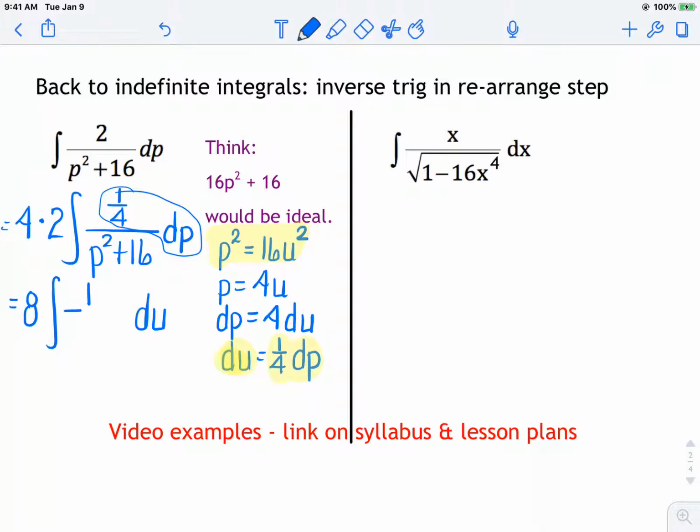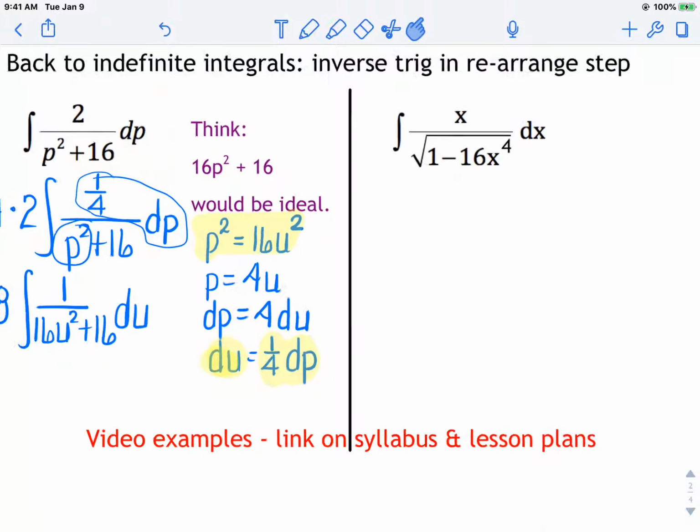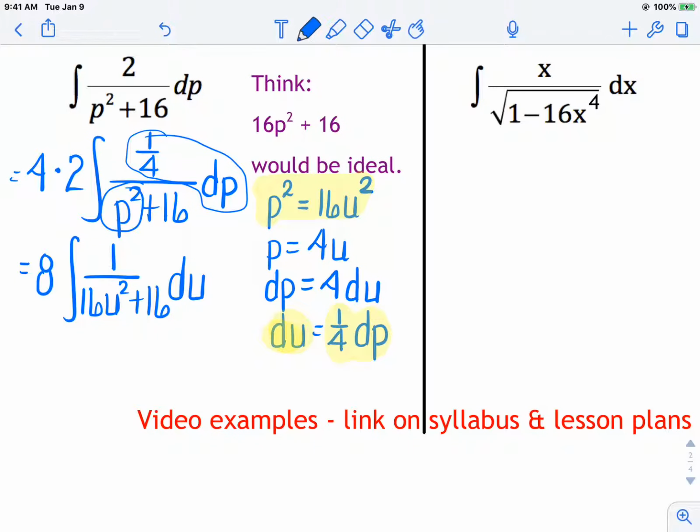And I'm going to have 1 over, and instead of p squared, that's going to get replaced by 16u squared plus 16. At this point, I almost have an inverse trig function in there, the derivative of one anyway. So I'm going to factor that 16 out of the denominator, but it becomes a 1/16 because of its location. And then I will have the integral of 1 over u squared plus 1 du.